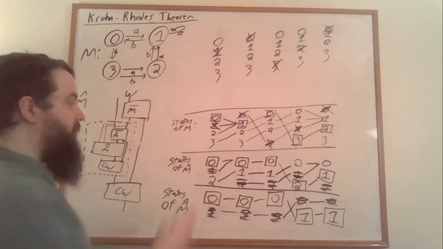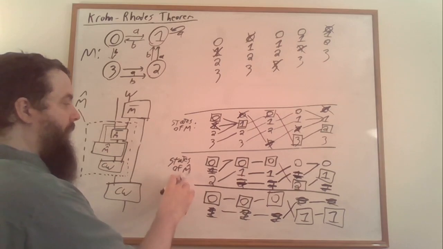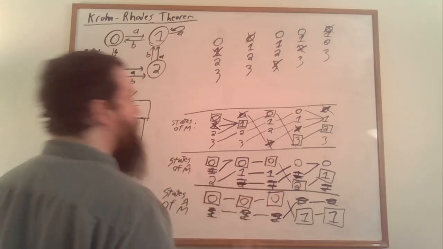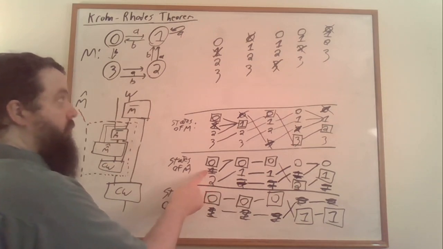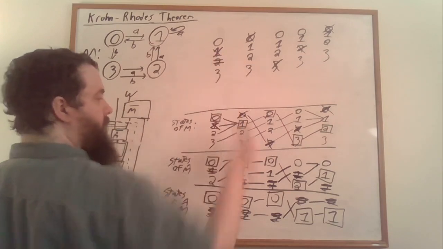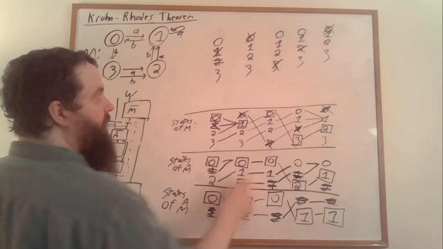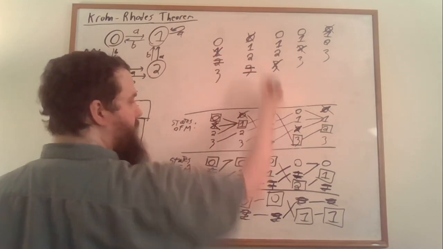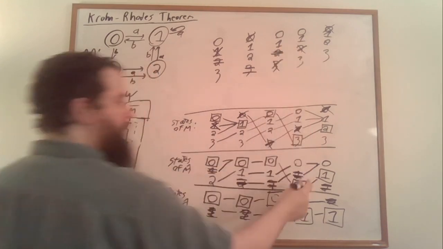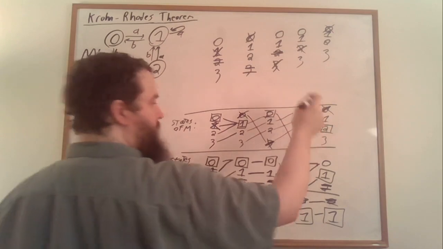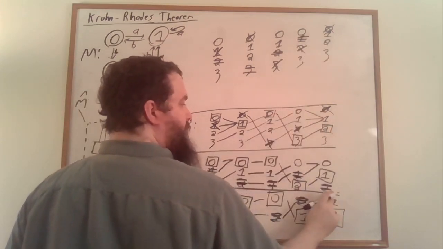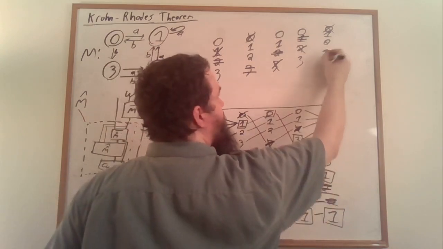Step 2, look at the states of M hat bar, which I've denoted here with crossouts. This tells us to cross out the middle remaining state. This tells us to cross out the last remaining state. This tells us to cross out the last remaining state. This tells us to cross out the middle remaining state. And this tells us to cross out the last remaining state.